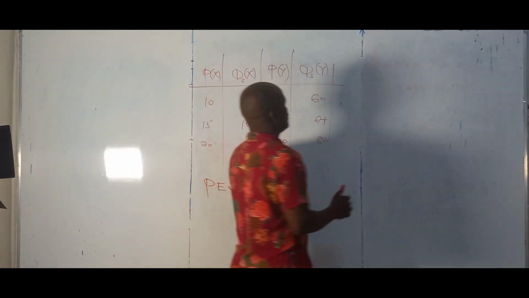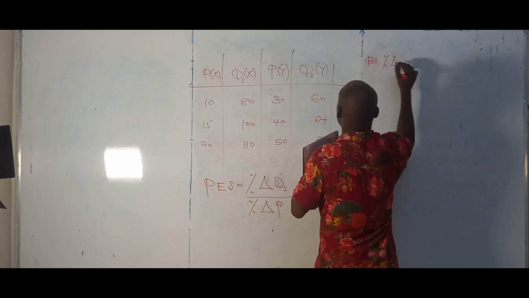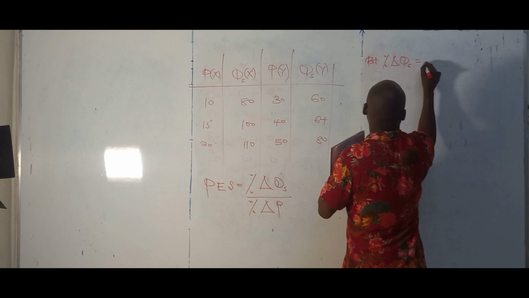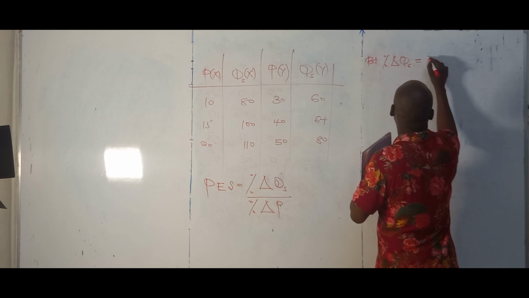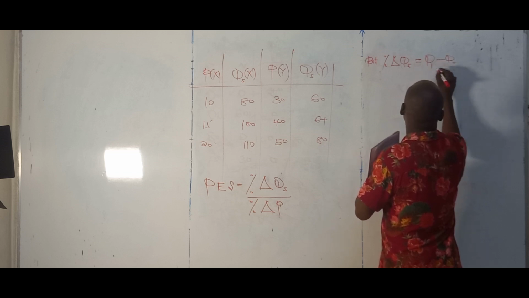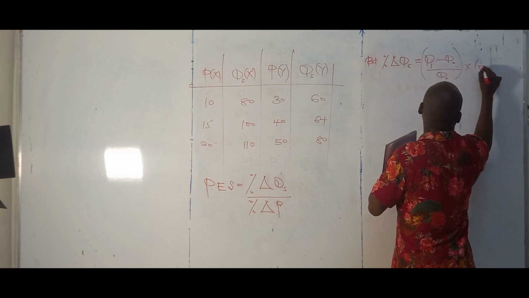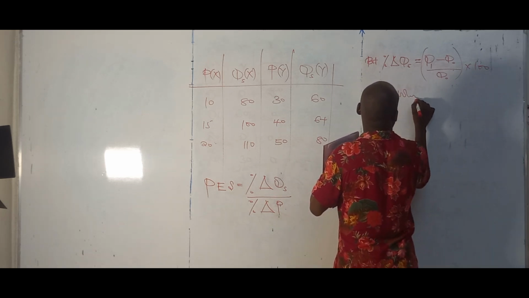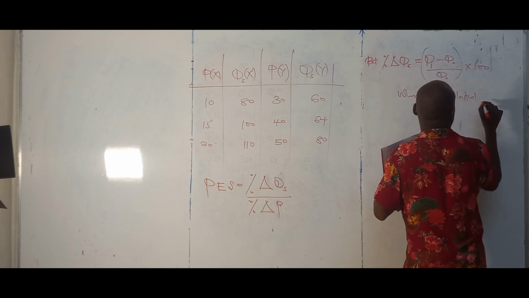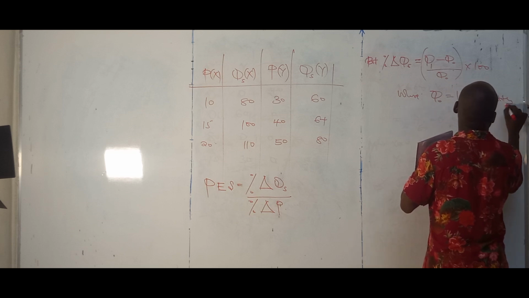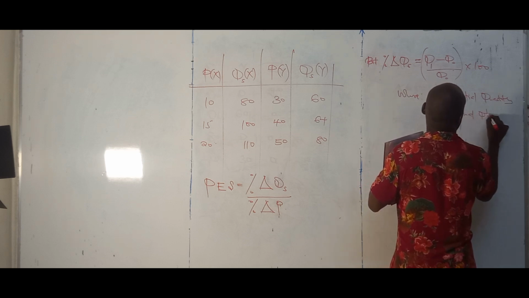But percentage change in quantity supplied is given by final quantity minus initial quantity over initial quantity times 100, where Q0 is initial quantity and Q1 is final quantity.